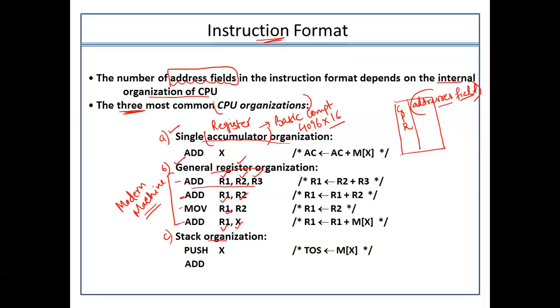Means the idea is that within the general register organization, the number of addresses or address fields that I want to specify may vary, depending upon the type of instruction and the number of general purpose registers we are using.